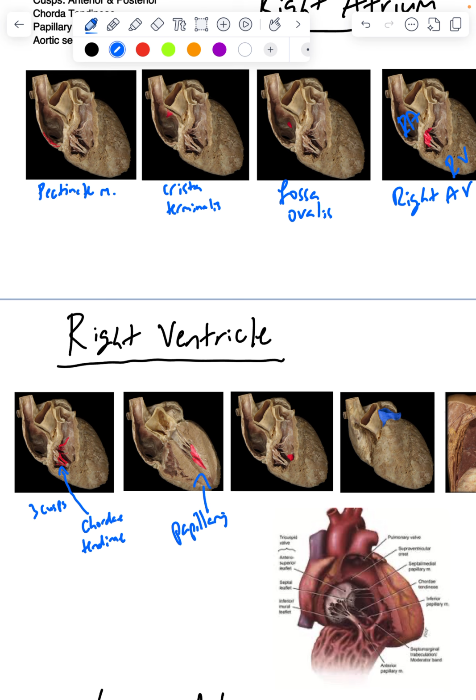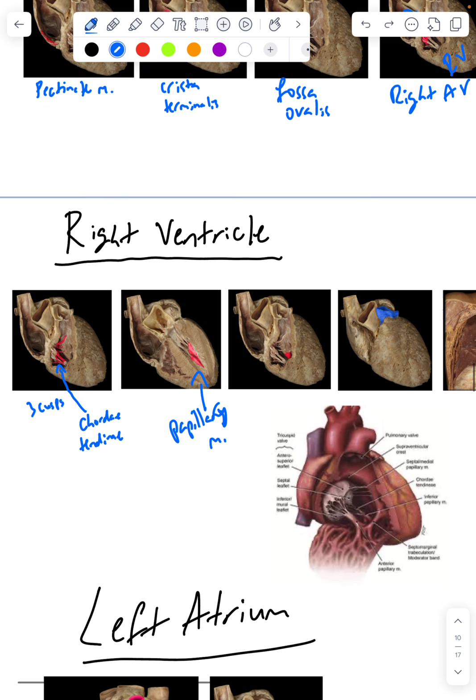This picture is actually of the left ventricle, but they both have papillary muscles. This program decided to show the left ventricle ones instead. But you can see how papillary muscles are connected to chordae tendineae, connected to your actual cusps in the valve. Left would be bicuspid, but those are what papillary muscles look like.